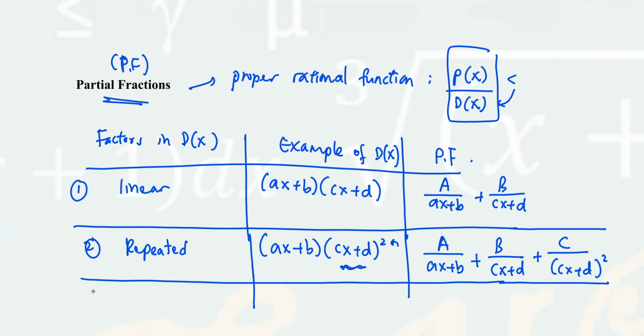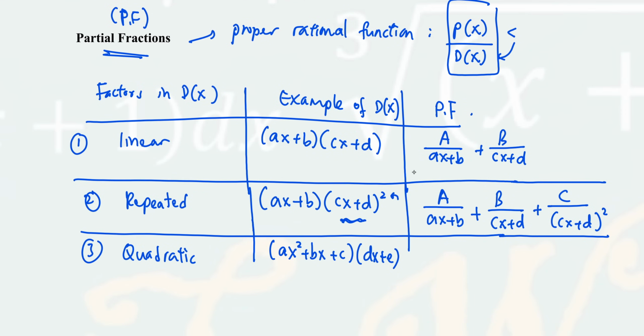Now the third case is going to be quadratic factors, which means you are given probably ax squared plus bx plus c multiplied with dx plus e, for example, where this quadratic cannot be factorized. In this case, our partial fractions become something over ax squared plus bx plus c, which cannot be factorized.